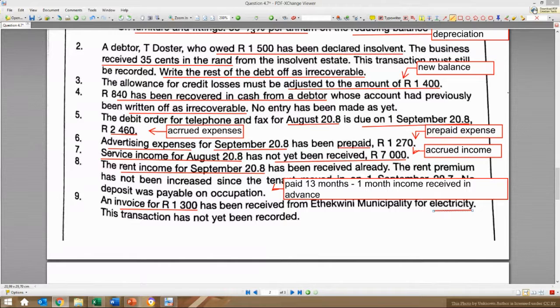Okay, let me repeat that. If I've already received an invoice, it means I've already incurred that expense. Now, normally, if we did not give you any journals to do, how would you record this transaction? Where would we record it and in which journal?